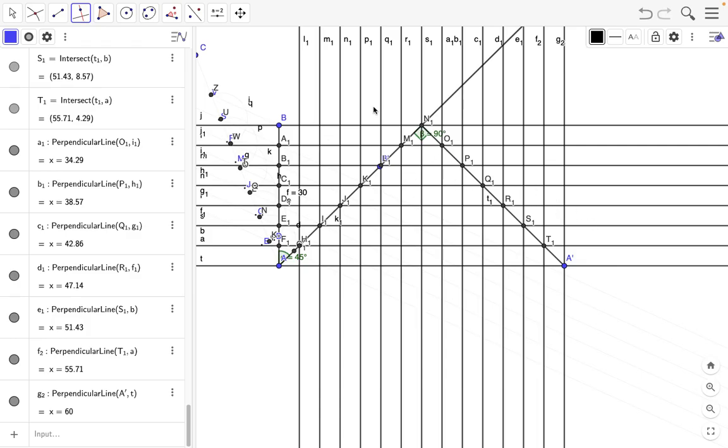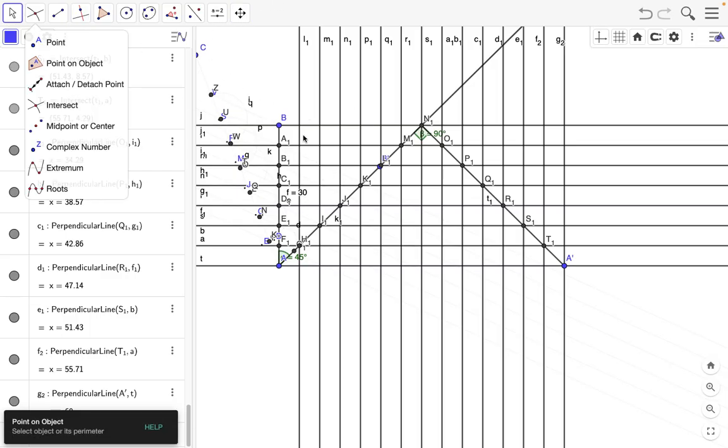So finally we can just make these lines faint so that they appear to be construction lines simply.